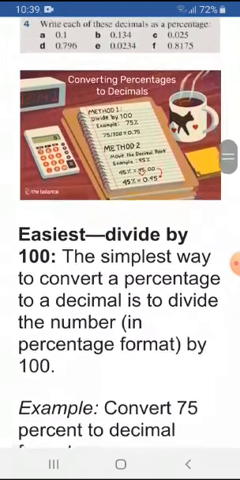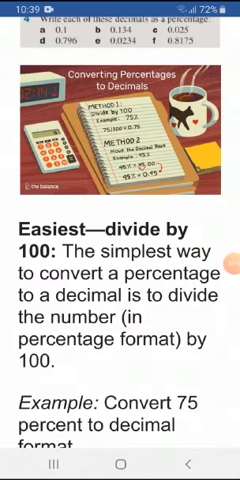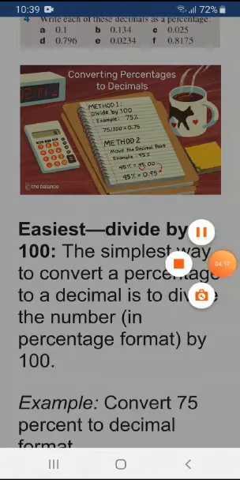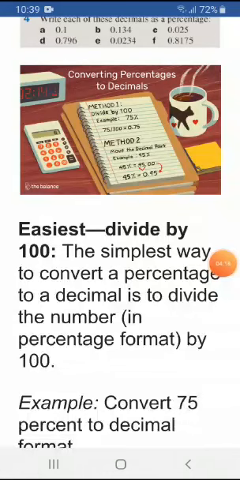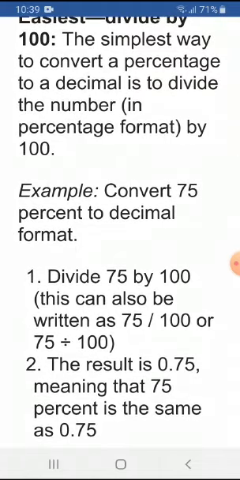The second part of the lesson would be to convert percentages to decimals. There are two ways of converting a percentage to decimal. The first method would be to divide by 100, and the second method would be to move the decimal point. So let's see, the easiest way would be to divide by 100. You have some examples here.